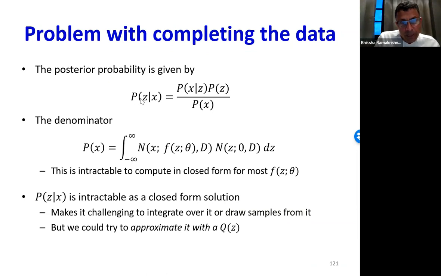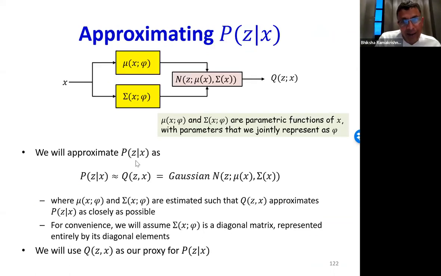The posterior probability P of Z given X is P of X given Z times P of Z divided by P of X. This denominator, P of X, is actually a distribution along the closed manifold, and it's not tractable, so we're not going to be actually able to get P of Z given X. Instead, we are going to try to come up with a Q of Z, which approximates P of Z given X as closely as possible.